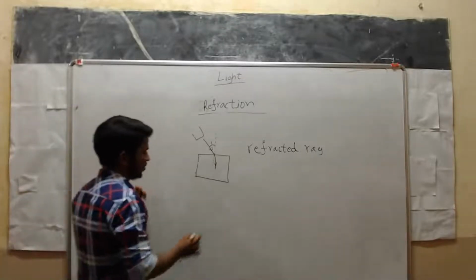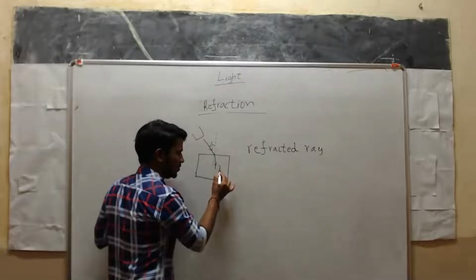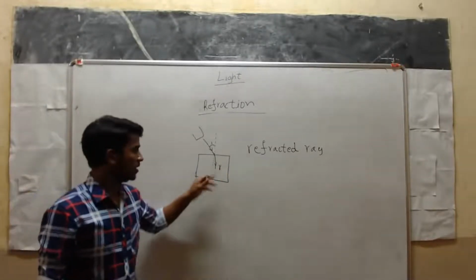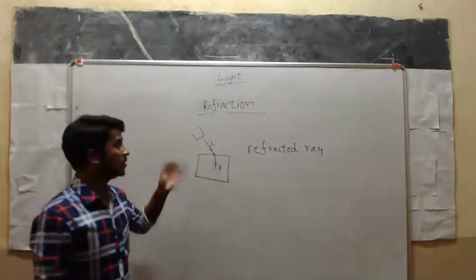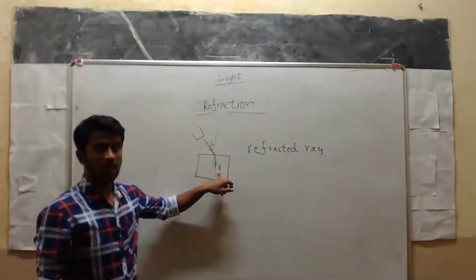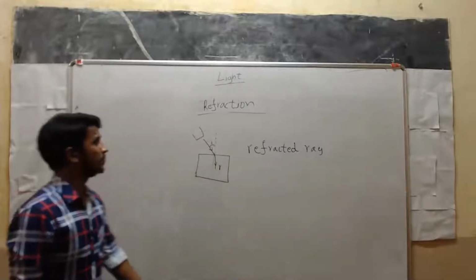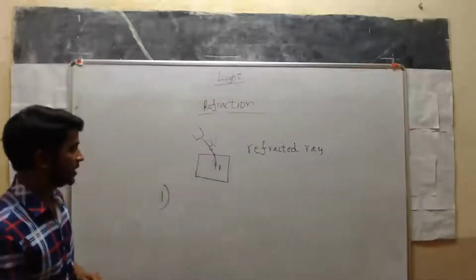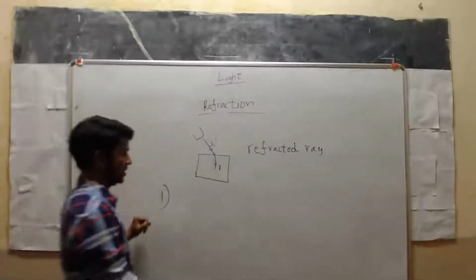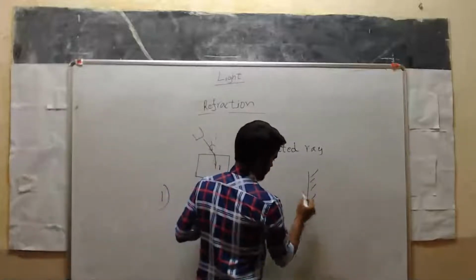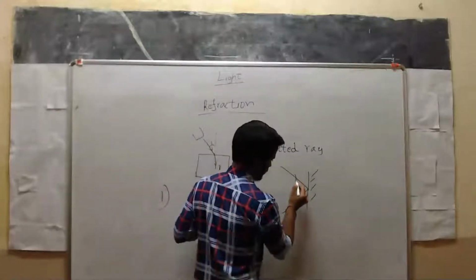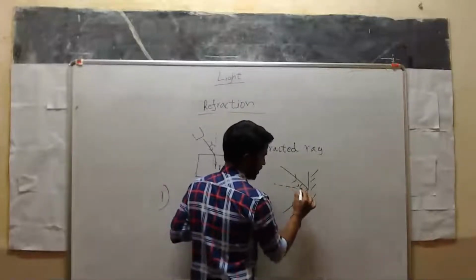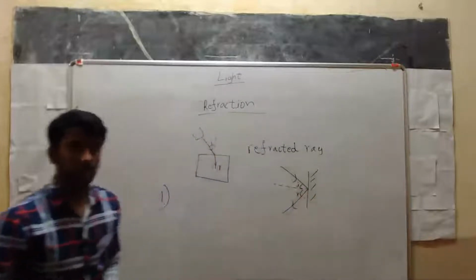To represent the angle of reflection we use a small r. In the reflection part, r means angle of reflection; in the refraction part, small r means angle of refraction. In reflection, the angle of incidence is equal to the angle of reflection.